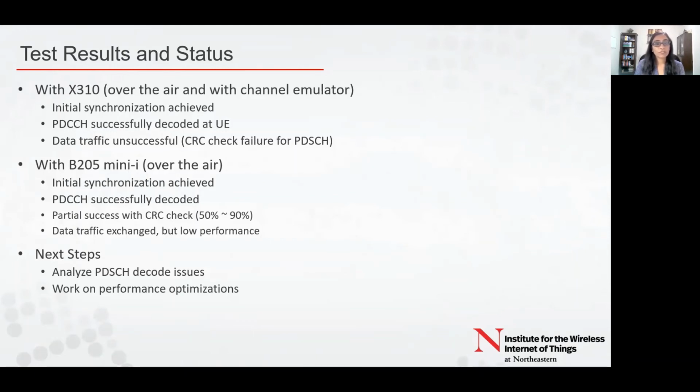With B205 minis, initial synchronization is achieved, PDCCH can be decoded successfully, and we also see partial success with CRC checks, which results in exchange of some data traffic, as I showed in the previous slide, but with low performance. So the next steps for us are to analyze the CRC failures with the USRPs and identify potential causes, and then of course work on resolving those and optimizing the performance.